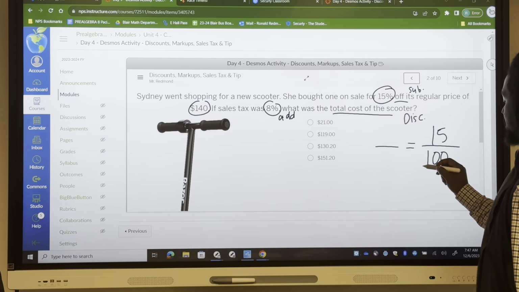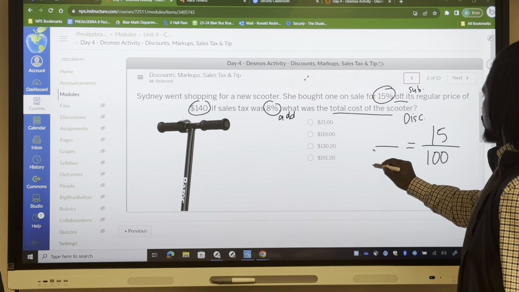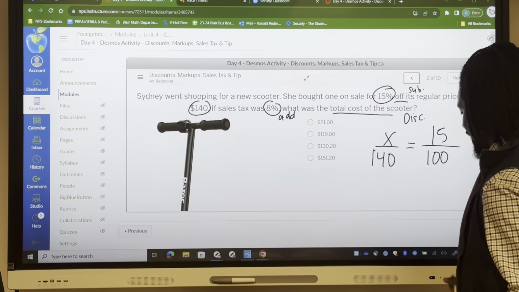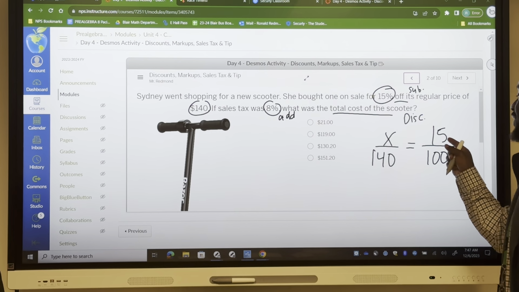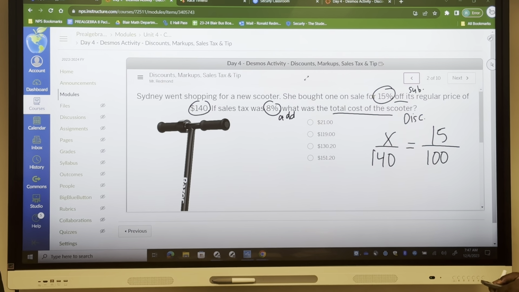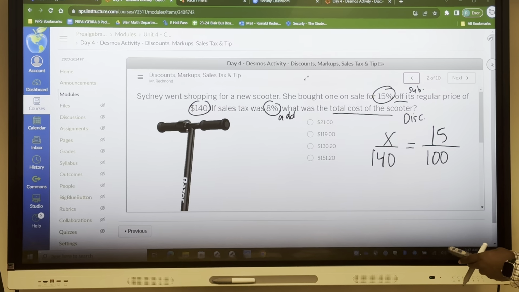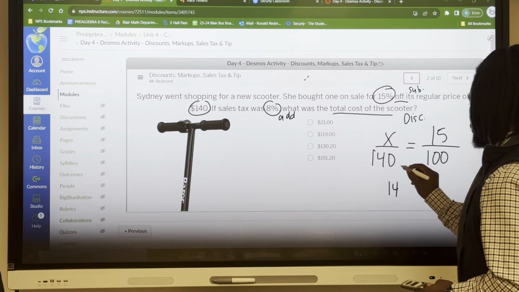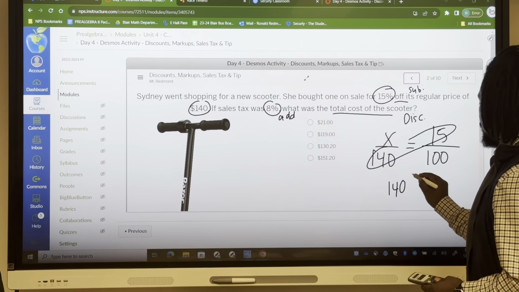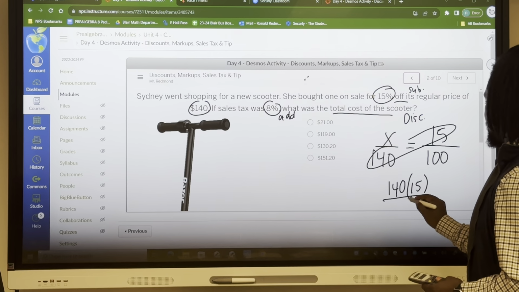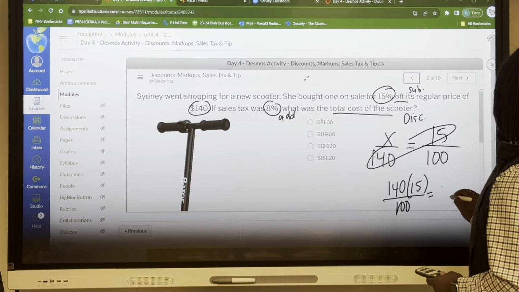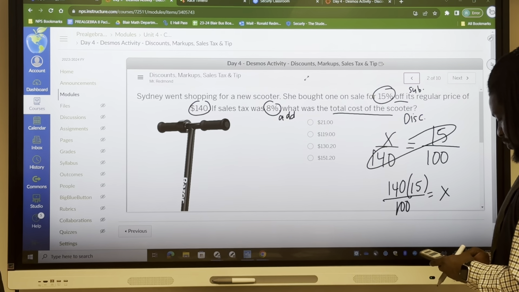That is 15% over 140 and then X. So then I'm going to figure out how much the discount is, and I'm gonna do so by doing cross multiply and divide. So 140 times 15 divided by 100, that's gonna give me the discounted amount.